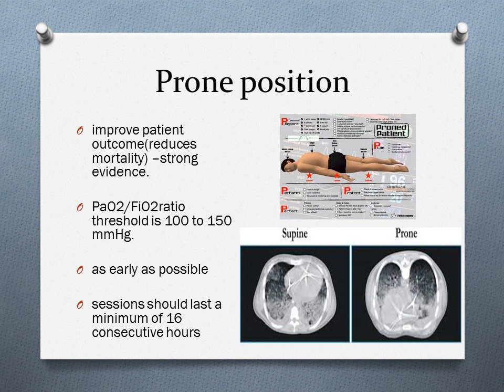Theoretically, the PO2 to FiO2 ratio threshold to prone the patient is between 100 to 150 millimeter mercury. You need to think about proning as early as possible, and the sessions should be around 16 consecutive hours.